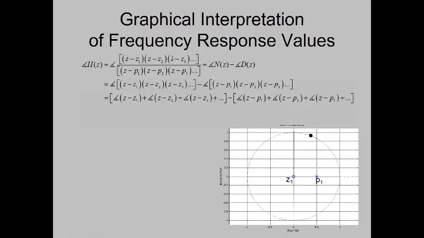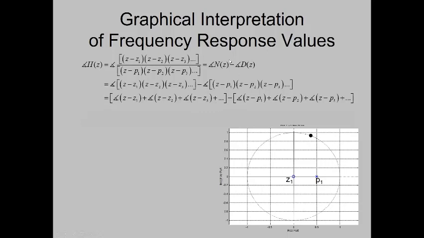If I have products, I add their phase angles to get the total phase of the product. And so the angle of the numerator is the angle of the vector that goes from z0 to z1, plus the angle of the vector to z2, the angle of the vector to z3, however many vectors I have from zeros to that operating point, I'll add up all their individual angles.